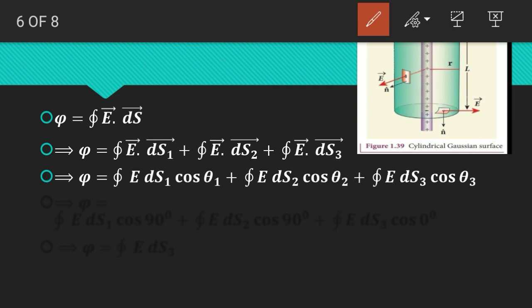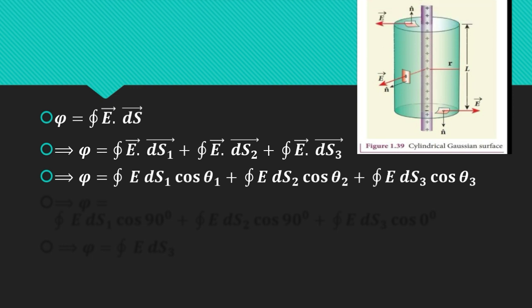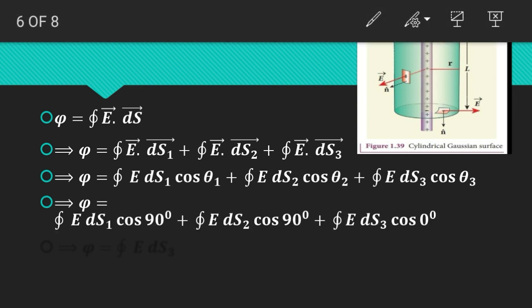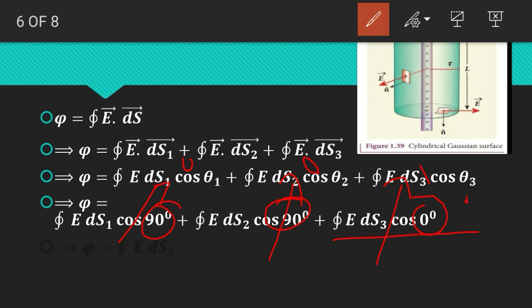So we shall now put in the values of theta 1, theta 2, and theta 3. Theta 1 is 90 degrees, theta 2 is 90 degrees, and theta 3 is 0 degrees, where cos 90 is 0, and cos 90 again is 0. So the only term that contributes is the 0 degree term, and cos 0 is 1. So two terms will be 0, and the third term will be E ds3 into 1.